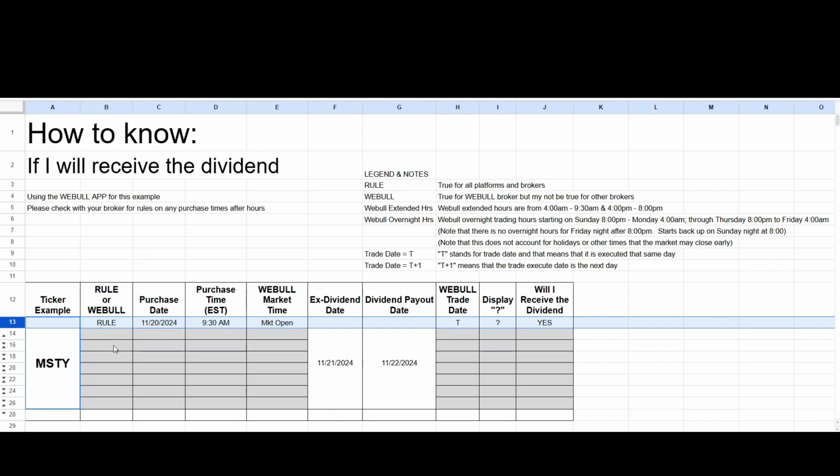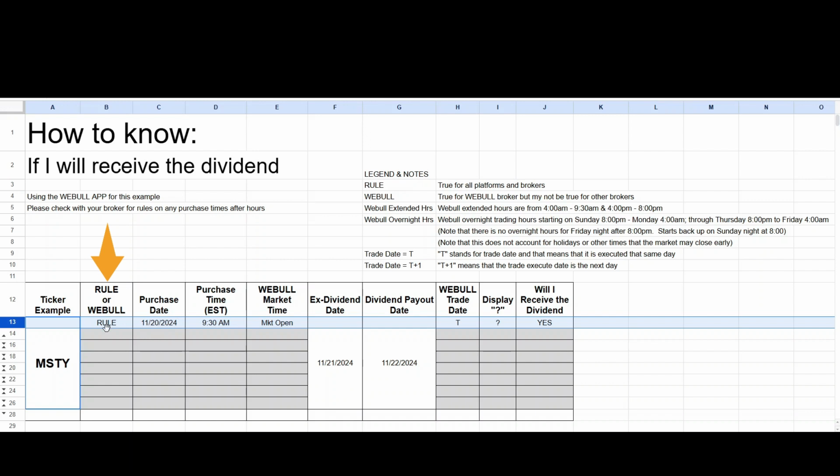I'm only using Webull here for my example, but where it says Rule or Webull, if it says Rule, that means that's pretty standard throughout all platforms.